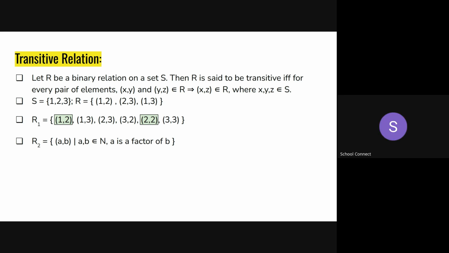Correct. So, what are factors basically? Numbers which divide the number. So, all the numbers that divide some big number are factors of that big number. Now, can you all tell me whether this particular relation given here is a transitive relation or not?